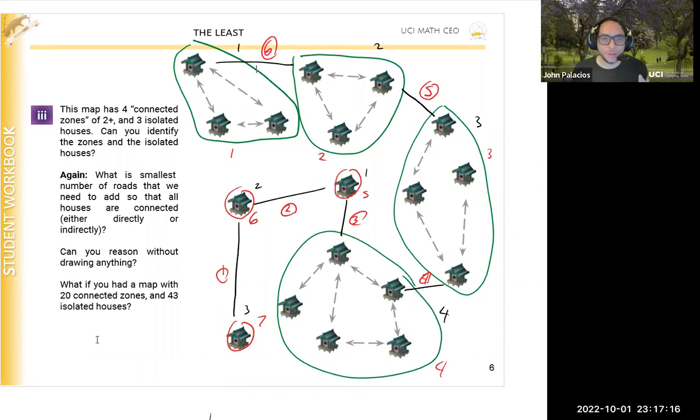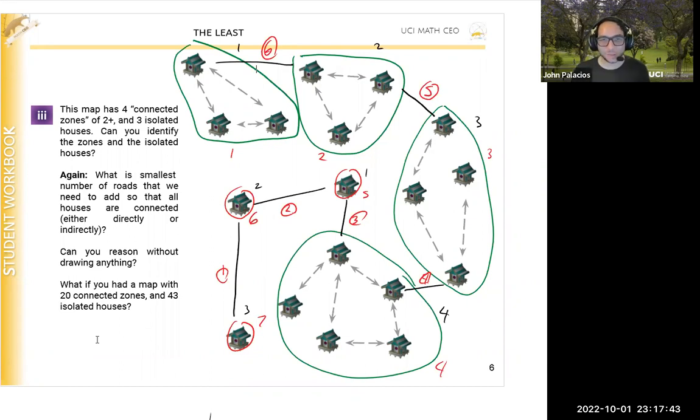Well, now with our new counting technique where we just count the number of things that we're connecting and subtract 1, this is really easy, and hopefully your students will see this and you can encourage them to build on and apply the more abstract counting technique that you showed them to this larger problem, where now you have 20 connected zones plus 43 houses.